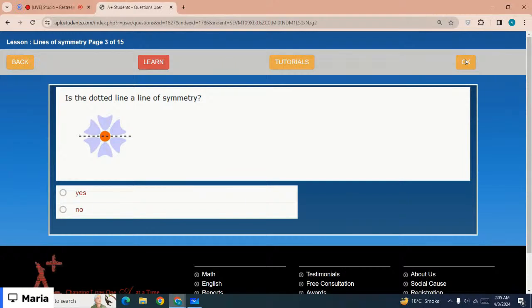The next one is, is the dotted line a line of symmetry? So which is the correct option? The correct option is yes, it is, right? The correct option is yes.